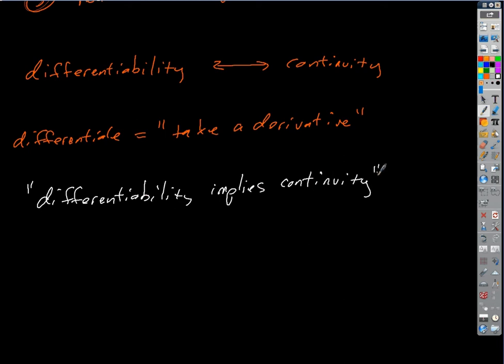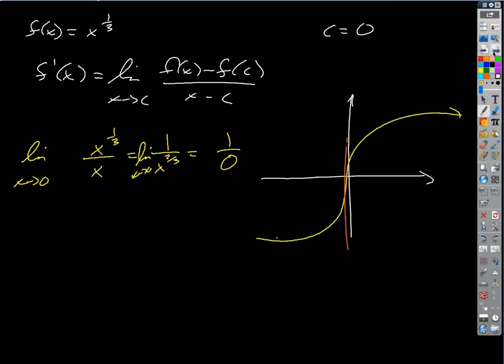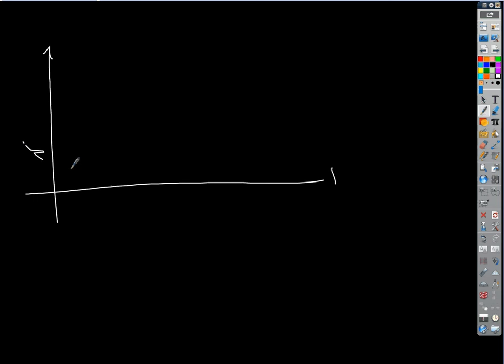Differentiability implies continuity. So then if I've got a function, let me just draw a random looking function up here. So where is this function not differentiable?